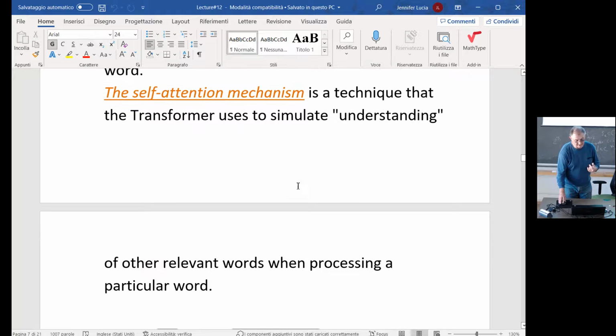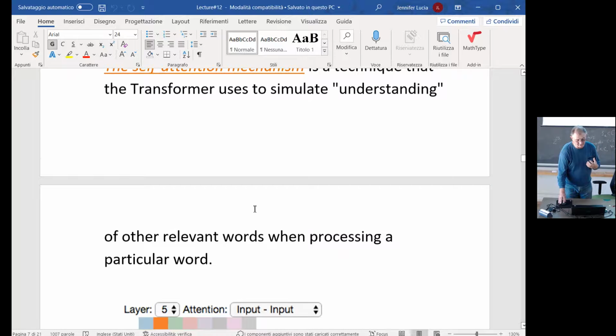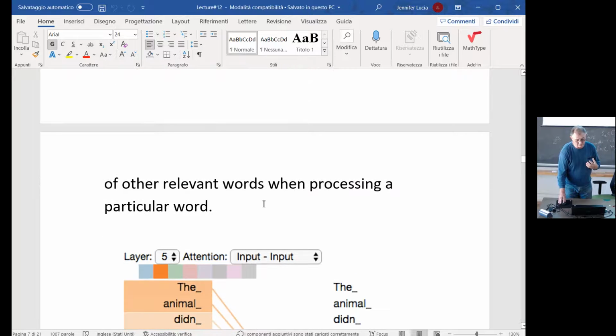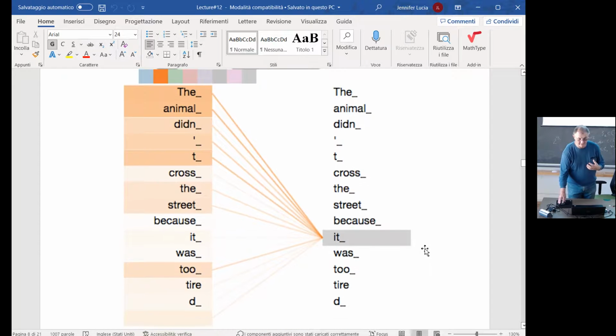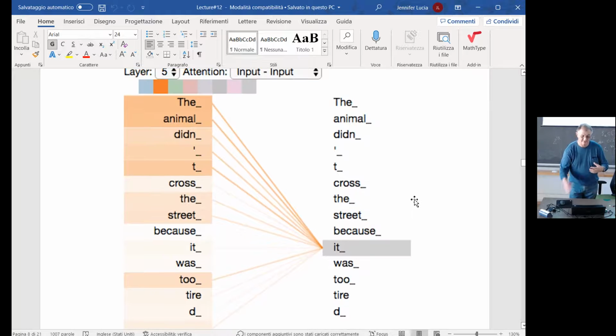The self-attention mechanism is a technique that the transformer uses to simulate understanding of other relevant words when processing a particular word.